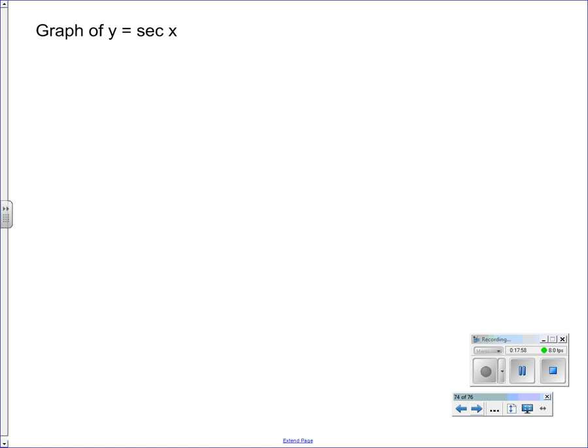For secant and cosecant, we have a trick for graphing these. It makes it a little bit easier to graph these reciprocal functions. So to start with secant, remember secant is the reciprocal function for cosine. Just like with the tangent function, anywhere cosine is 0, we're going to have an asymptote.